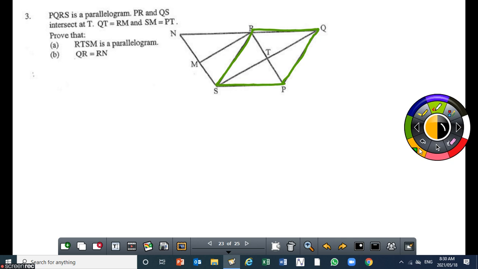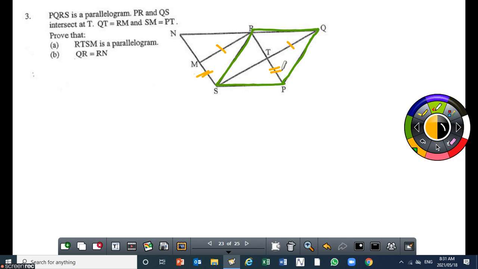So I'm going to indicate here that QT, this length here, is equal to RM. Those two are equal, that's given. And SM is equal to PT. Now, the question says, prove that RTSM is a palm.